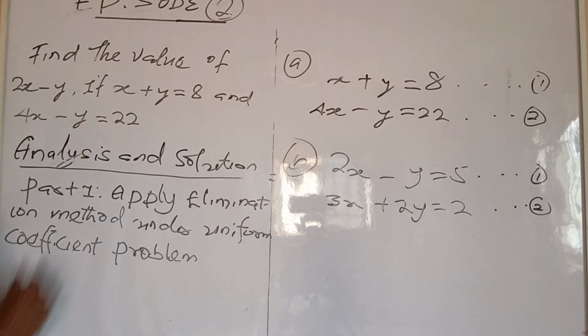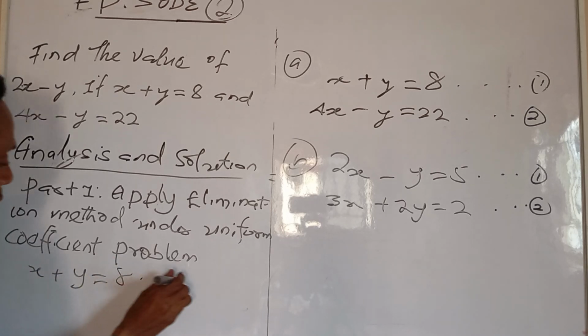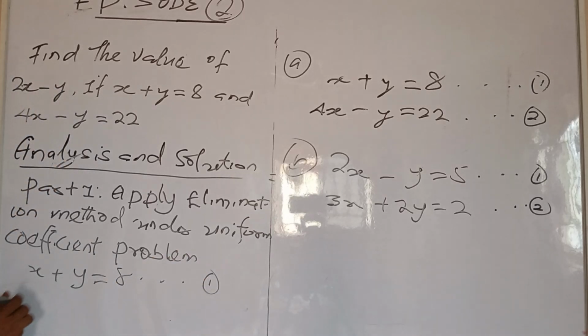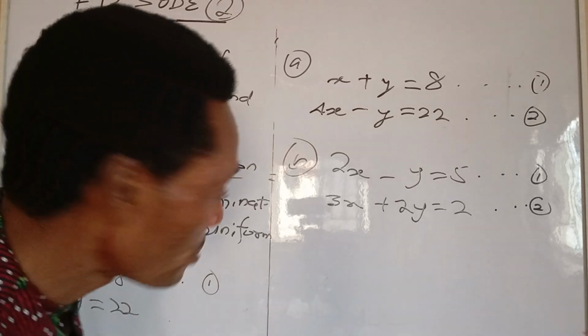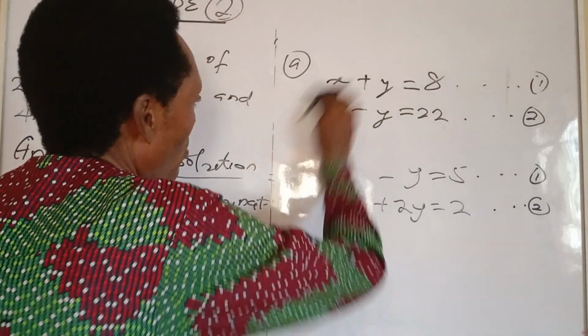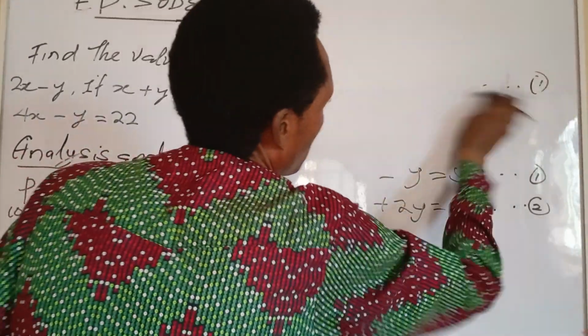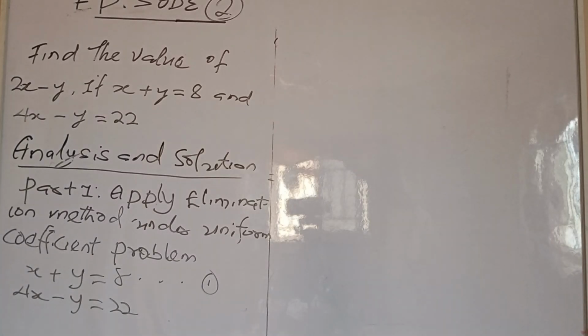So that is x plus y equals 8 as equation 1, and 4x minus y equals 22 as equation 2. Without wasting time, this is an example of a uniform coefficient problem.